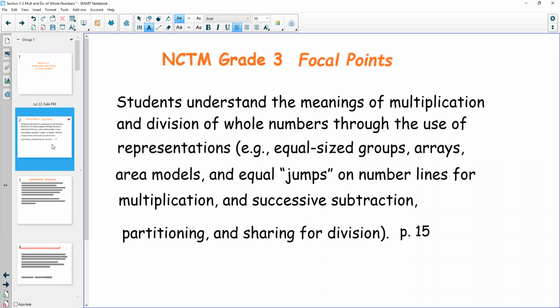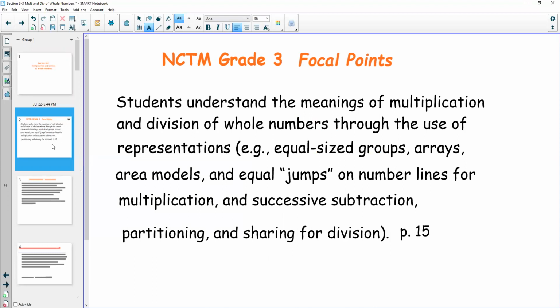All right, so first, remember that kids start thinking about multiplication really right around third grade. It's really the crux of third grade math ultimately. And then division is the end of third grade into fourth grade in many cases.